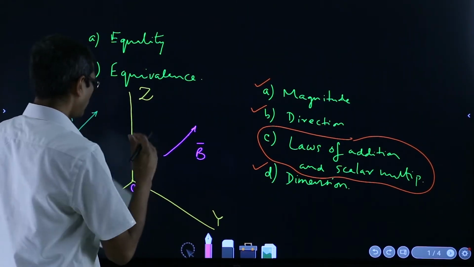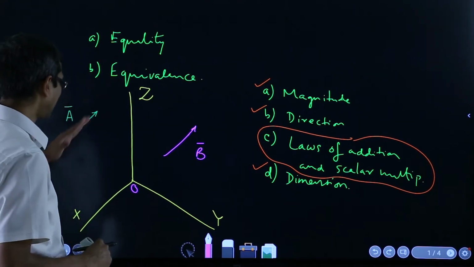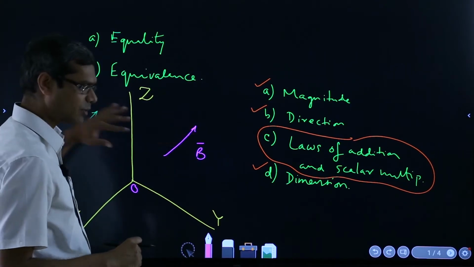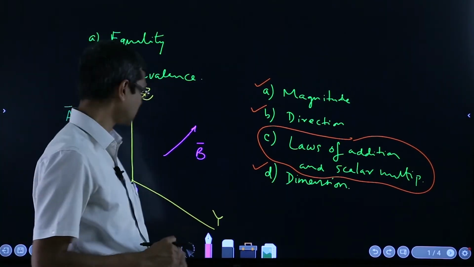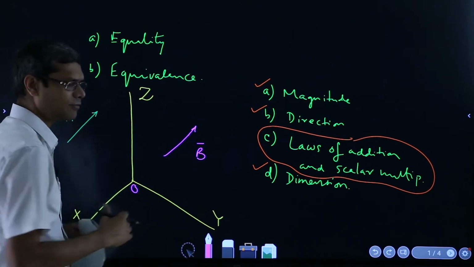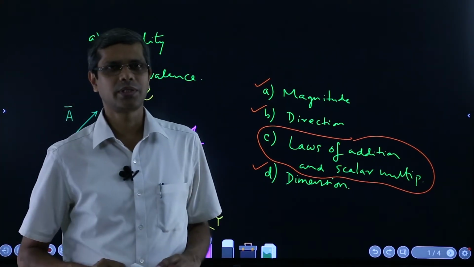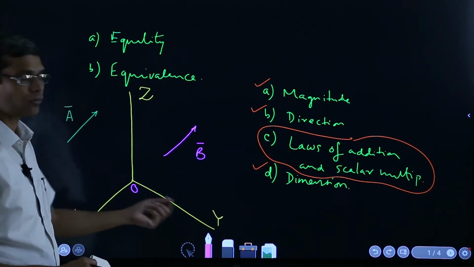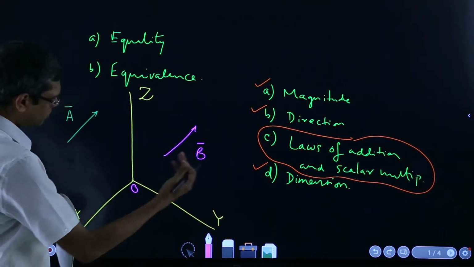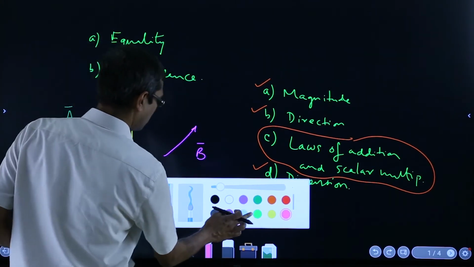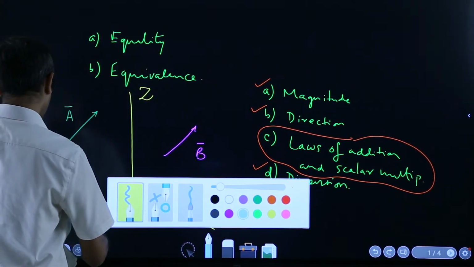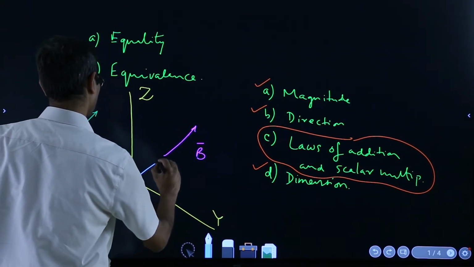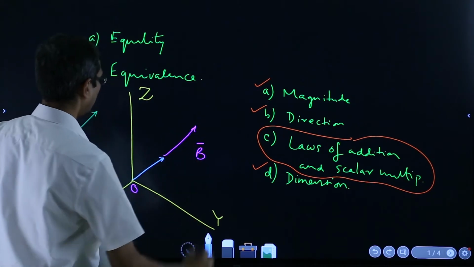But both of them have the same direction, the same magnitude, you assume that both of them are of equal length, and they live in the same three-dimensional world, represented by the axes x, y, z. And then maybe another vector, a light blue vector, at the origin.